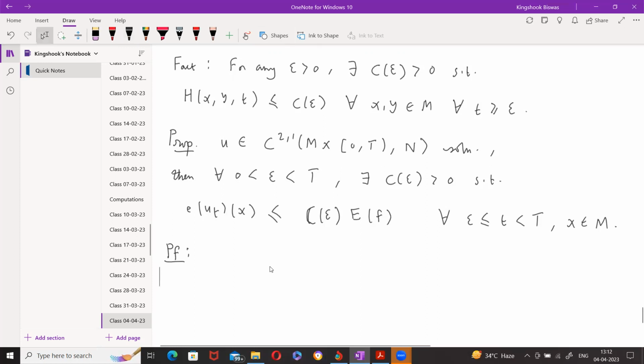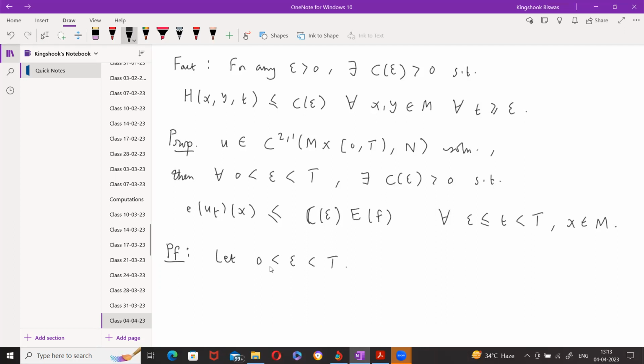Okay. All right. So let me do the proof. Just a small question. For the last proposition, you got that E(u_t)(x) is at most exponentially bounded, but here you're saying it's bounded if t is bigger than epsilon. Right, we're getting it actually bounded.